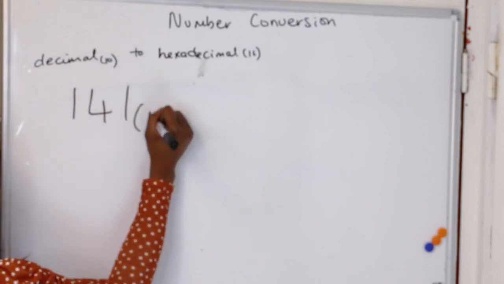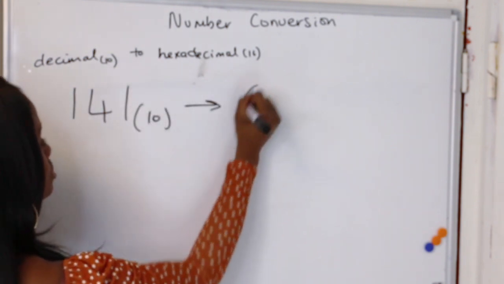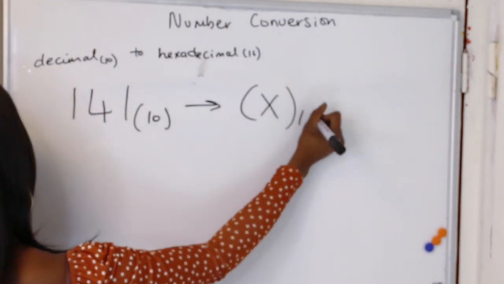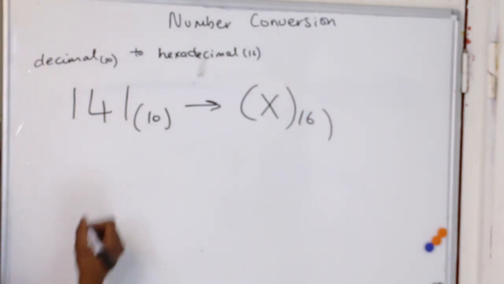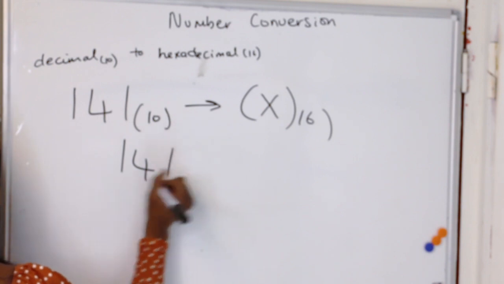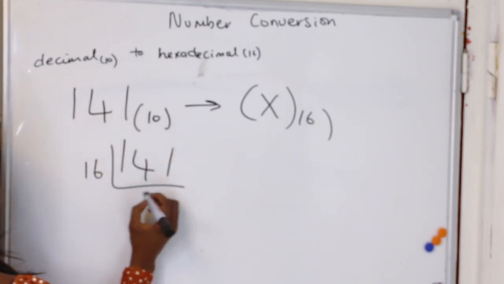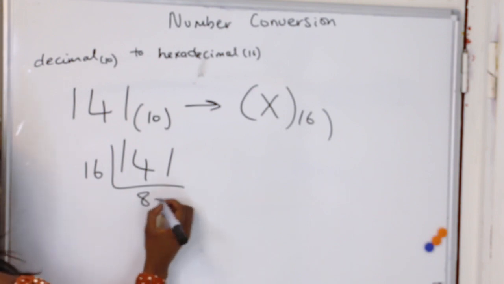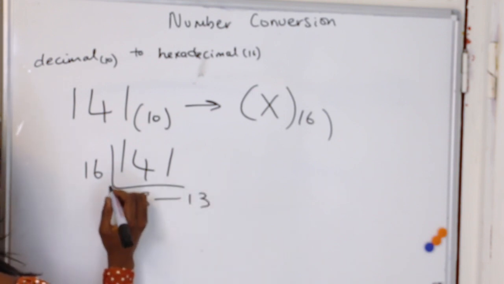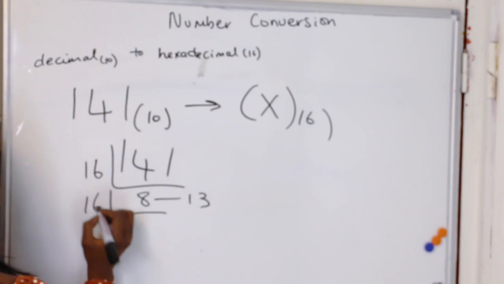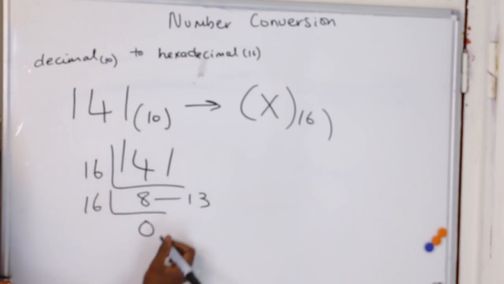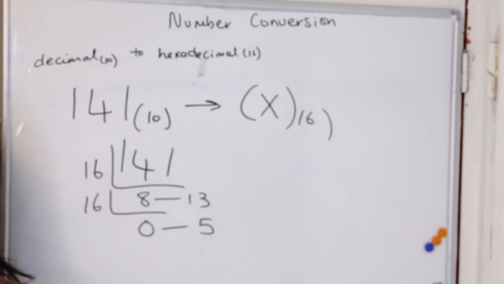141 to base 10 to something to base 16. So you would do 141 divided by 16 and get 8, remainder 13. If you did it again, you would get 0, remainder 8.